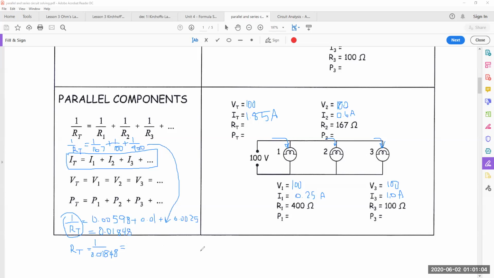So it comes approximately to 54 ohms. So that's what I put here.